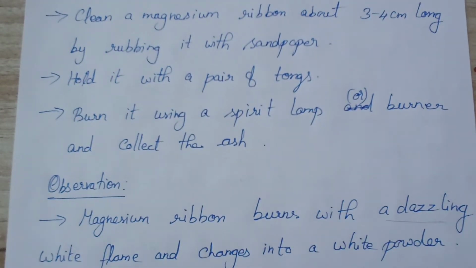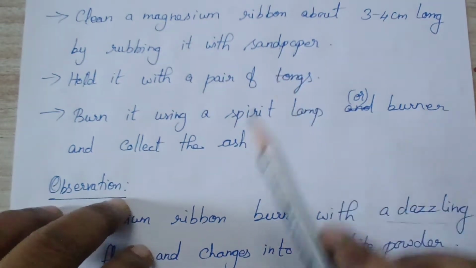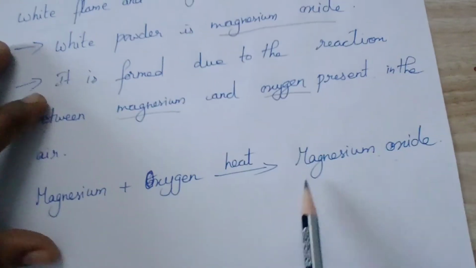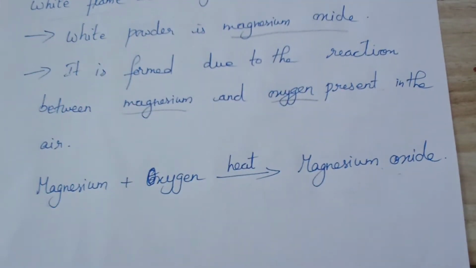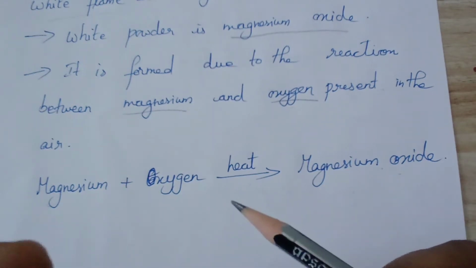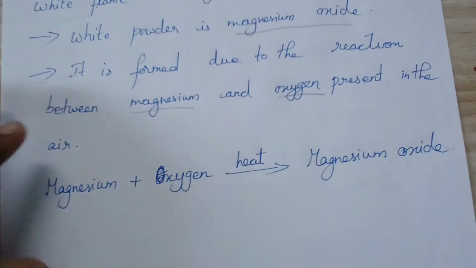That magnesium oxide is a stable compound, so it will not allow the magnesium to react with oxygen. So we have to remove the magnesium oxide already formed using sandpaper, so that the magnesium metal below will react with oxygen and form magnesium oxide.